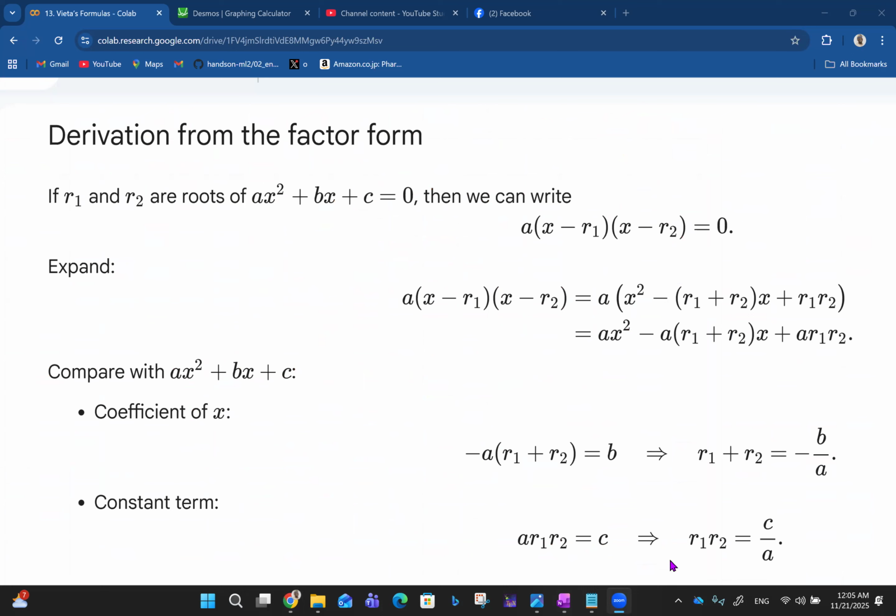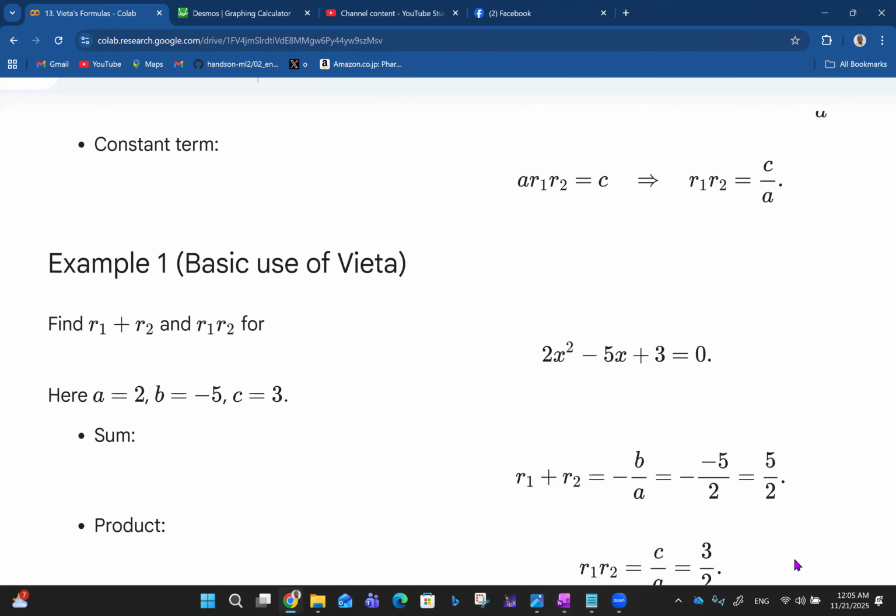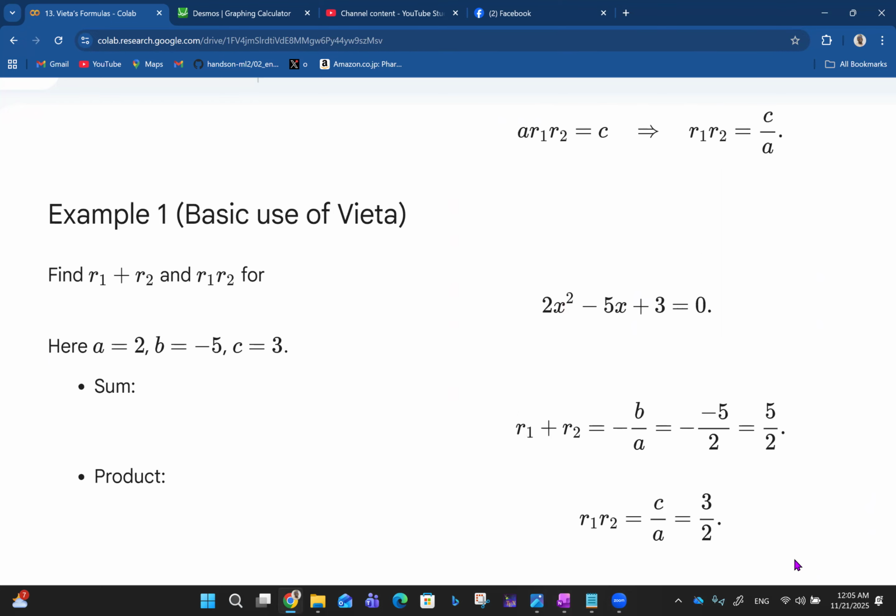So that's exactly what we have right here. R1 plus R2 is minus B over A. Then R1R2 is C over A, like that.